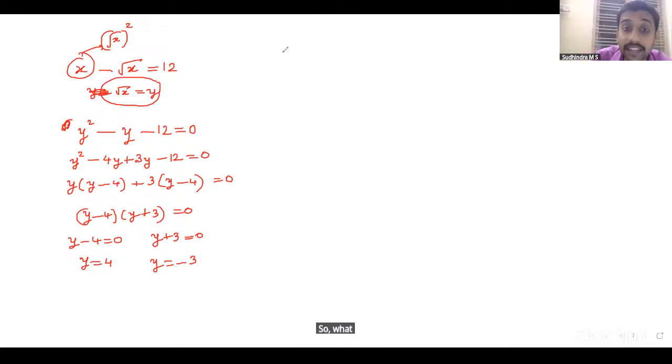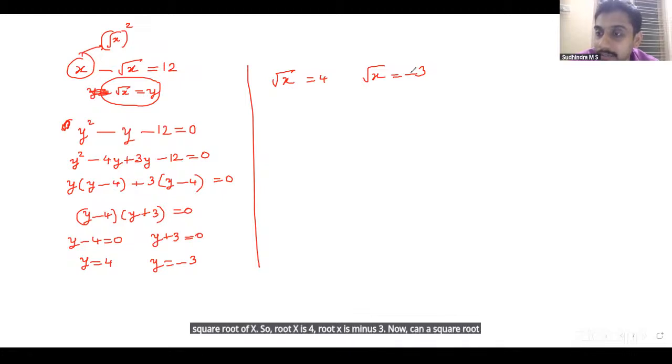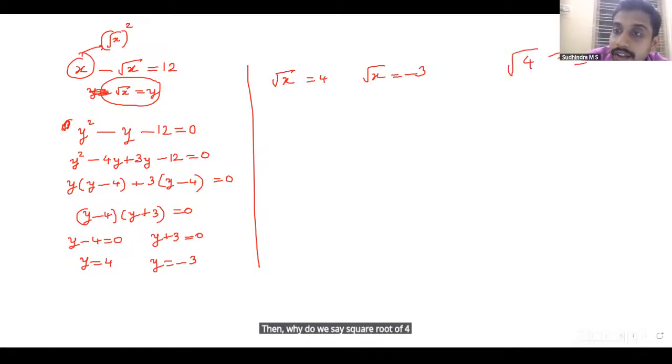So what is y? Square root of x. So root x is 4, root x is minus 3. Now, can a square root be negative? No, sir. Then why do we say square root of 4 can be plus 2 as well as minus 2?